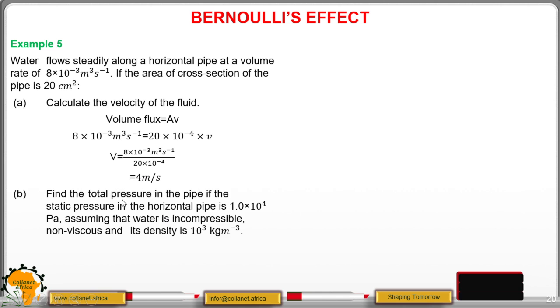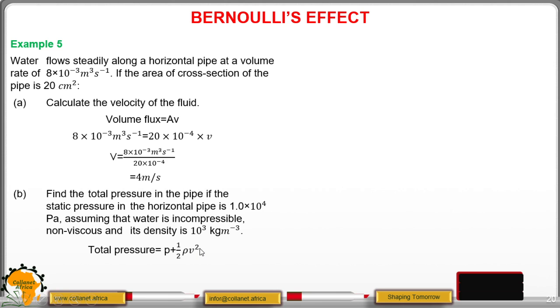Then part B, find the total pressure in the pipe if the static pressure in the horizontal pipe is this. This is given already. Assuming that water is incompressible, non-viscous, and its density is 10 raised to power 3 kg per cubic meter. According to Bernoulli's equation, the total pressure is given by this. Because the fluid is moving, we'll have this.